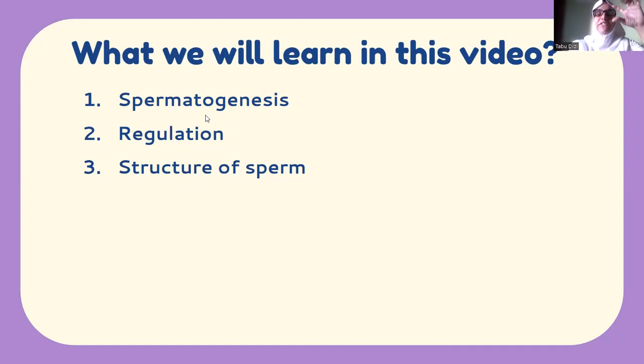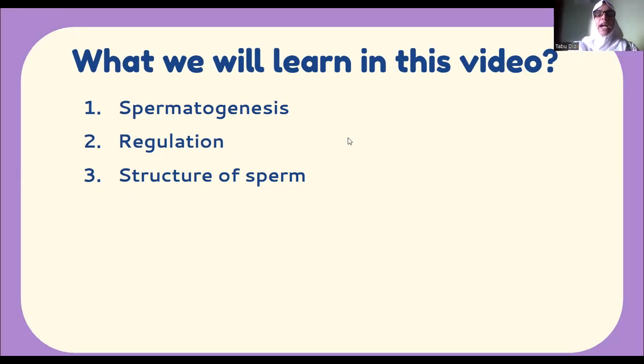So in this video I've consolidated spermatogenesis, regulation of spermatogenesis and the structure of the sperm. And in the next video we will be seeing the female side, and there we will be discovering more about the different parts of the female reproductive system in detail.